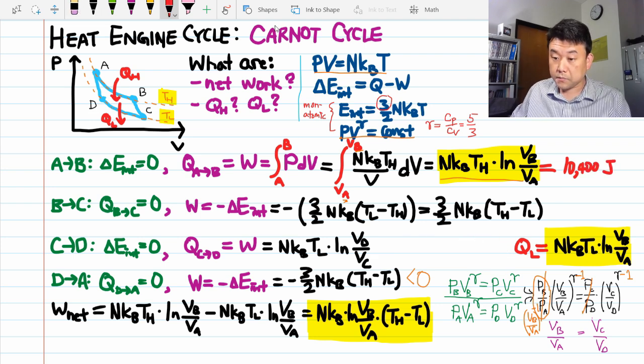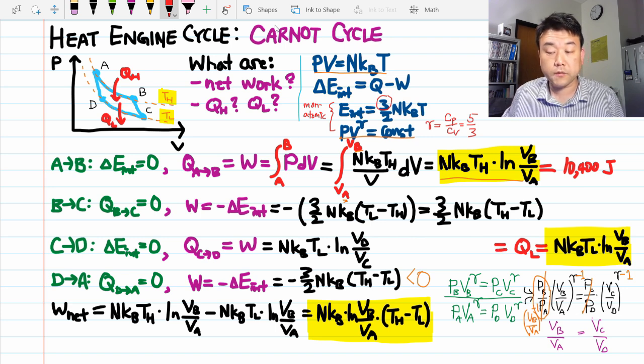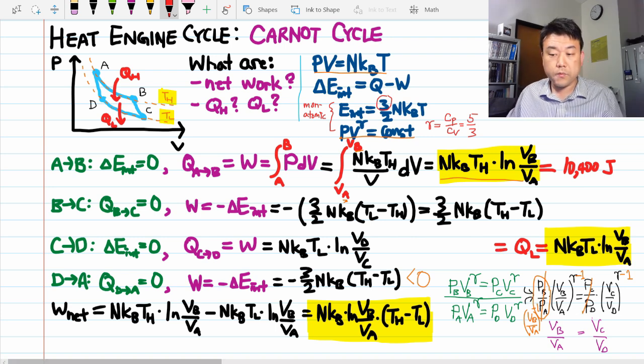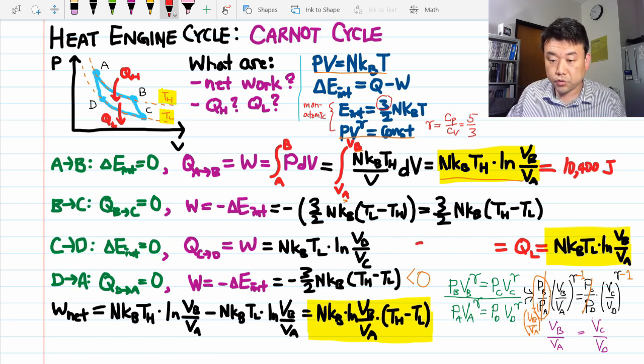Let's keep going. QL. Plug these numbers into the calculator, with the substitution of TL for TH. We get 2072.33 joules, or rounding it, about 2070 joules. So finally the work done is the difference between them, but I can also just plug numbers into this equation.